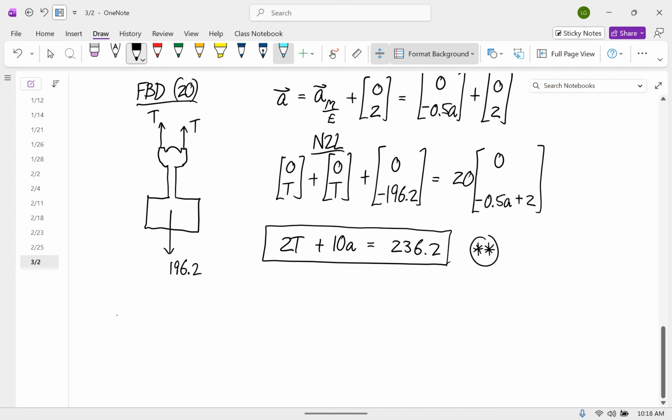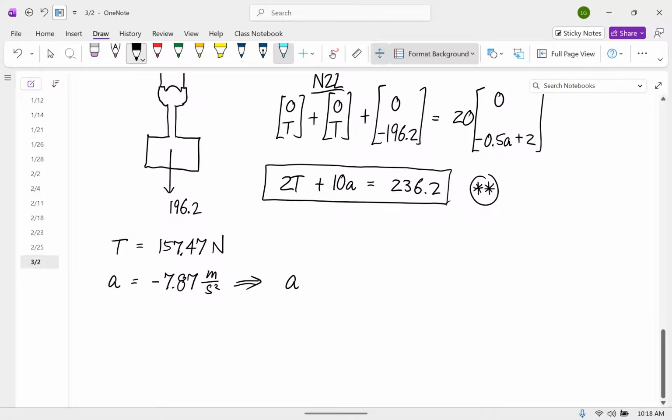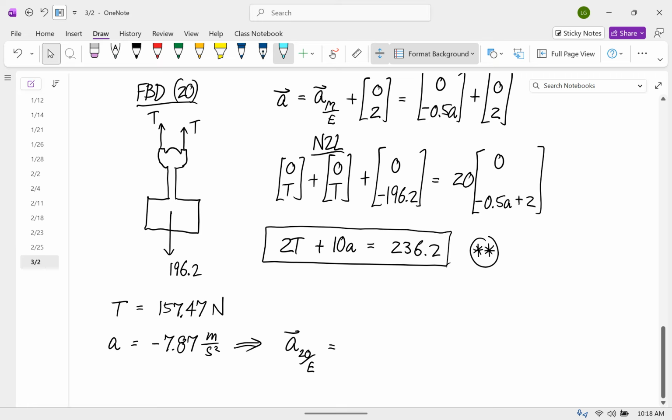And we got T was equal to 157.47, a little bigger than it was before. And A was equal to negative 7.87 meters per second squared. And so the acceleration of the 20 relative to the elevator is 0, negative 0.5 times this.